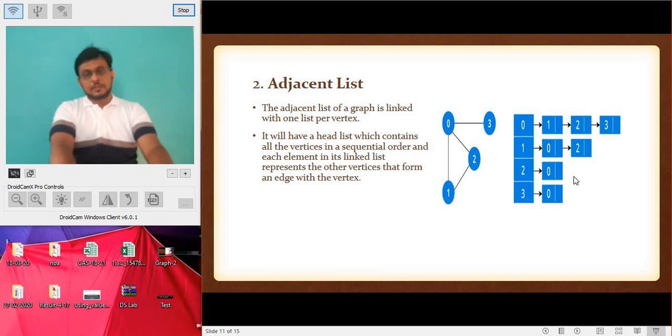Sorry, there is a mistake here: 2 is connected with 0 and 1, so 0 and 1. And what about 3? 3 has a connection with 0 only, so we have a linked list with a single element. So those are the two different methods, the adjacency list and adjacency matrix methods, to represent a graph.